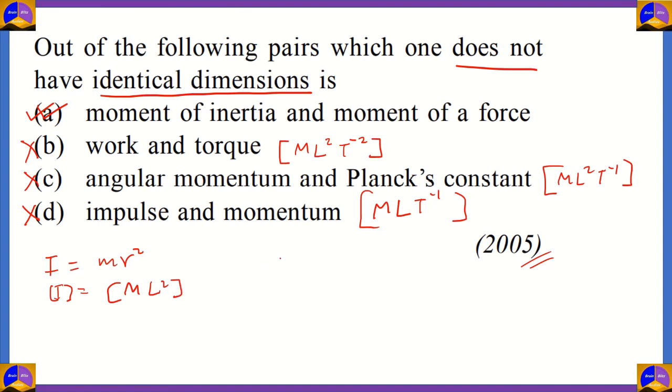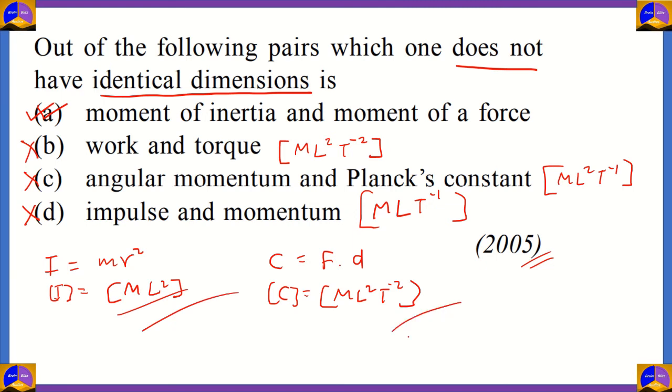If you take moment of a force, that is written as force times displacement, so it's basically torque. And so the dimensional formula for it is ML squared T power minus 2. As you can see, both the formulas are different, so they do not have identical dimensions. Therefore, option A is correct for this question. We were asked to find out which of these do not have identical dimensions.